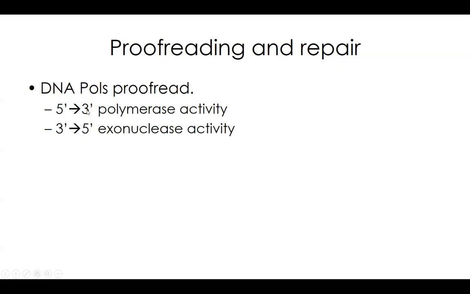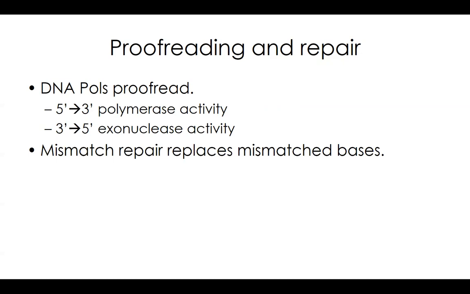Unless we discover some kind of new species or alien from another planet that does a different thing, we're always going to polymerize by adding to the 3' end. This exonuclease activity is just a backspace, like, whoops, messed up, back up, fix it, and keep going in the 5' to 3' direction. So that's one way we can ensure fidelity of the DNA sequence.